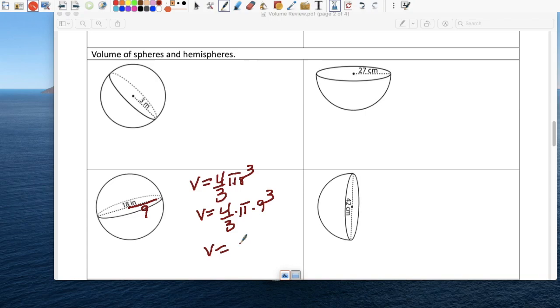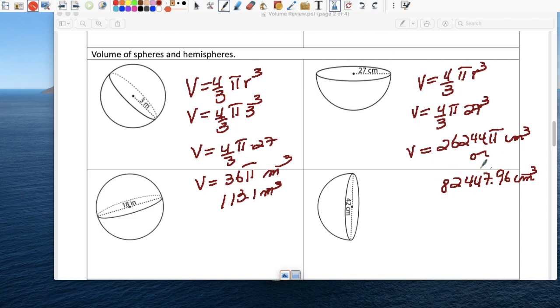It's going to be 972 pi inches cubed, or 3,053.63 inches cubed. Okay, round it. Let me go back. I think I forgot to divide by 2 on this one. So going back to this problem over here.